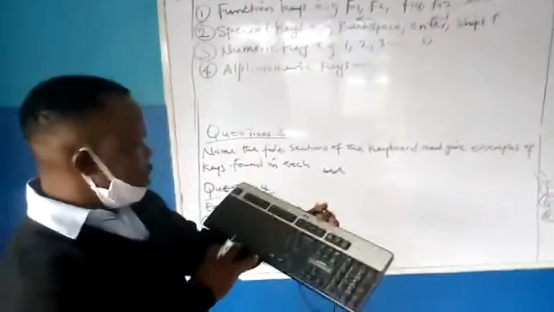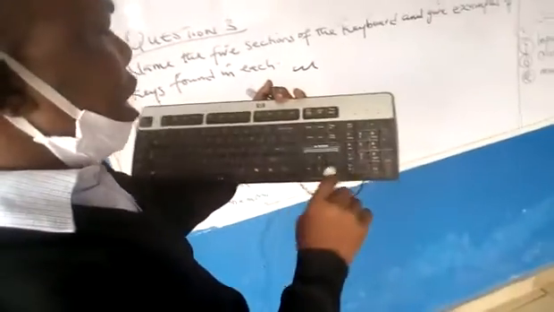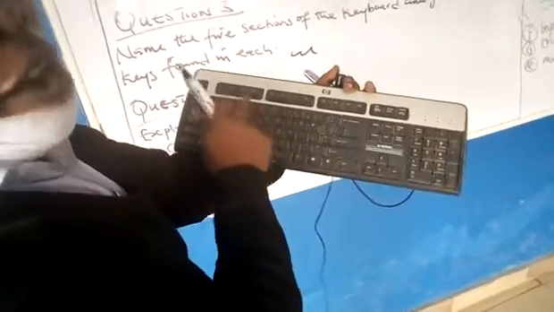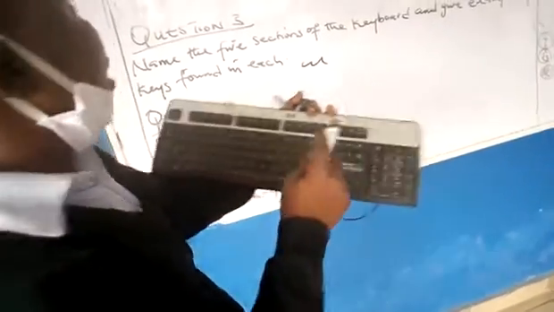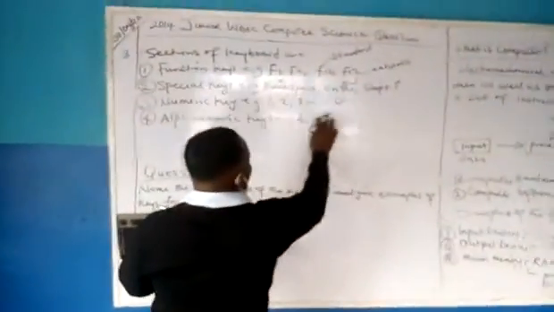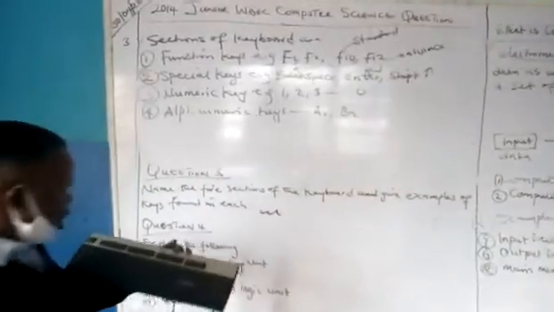The one you see with alphabet and numbers on the key is called what? Alphanumeric. We don't have it on this keyboard. There are keyboards that carry alphabet and what? Numbers. You see them like this, A1, B2, just like that. So these are the examples.